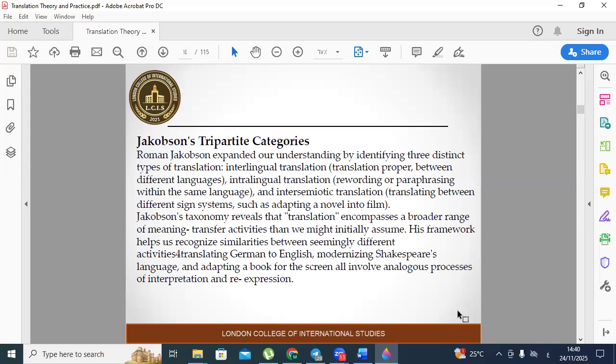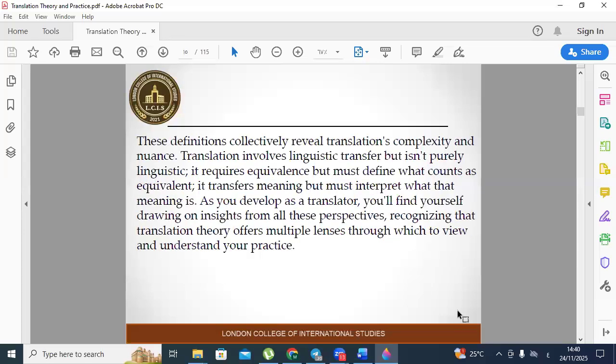His framework helps us recognize similarities between seemingly different activities: translating German to English, modernizing Shakespeare's language, and adapting a book for the screen all involve analogous processes of interpretation and re-expression. These definitions collectively reveal translation's complexity and nuance.